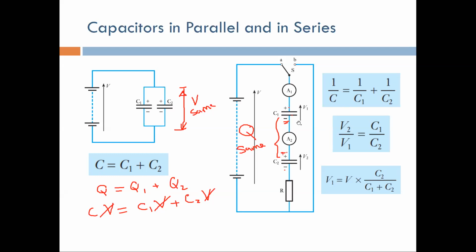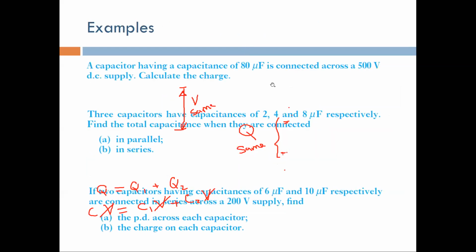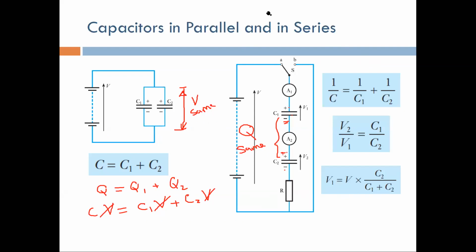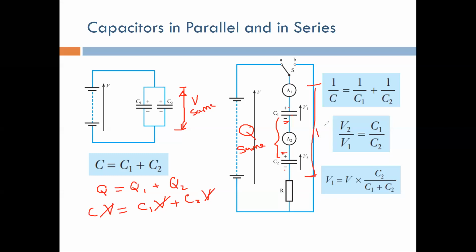Here it's going to be a little bit different. Here you have the same Q. The total voltage will be from this point to this point, because the voltage has to be across both of them.